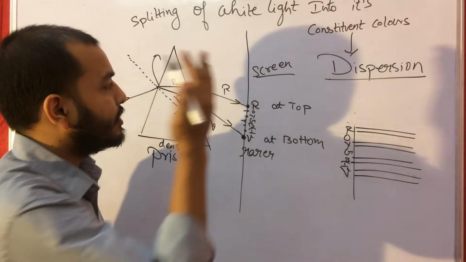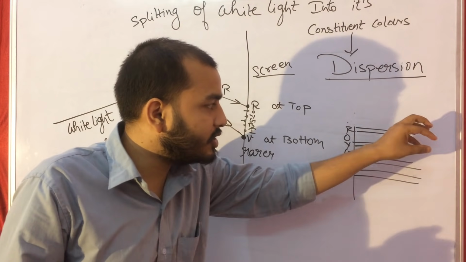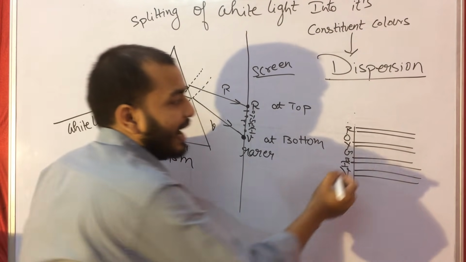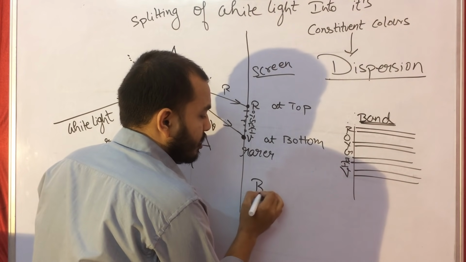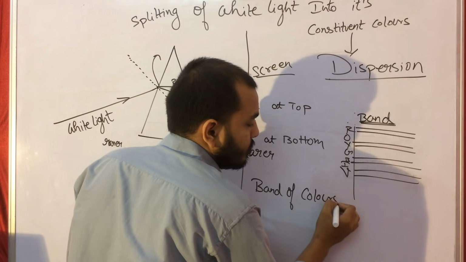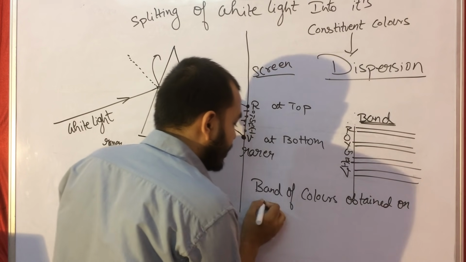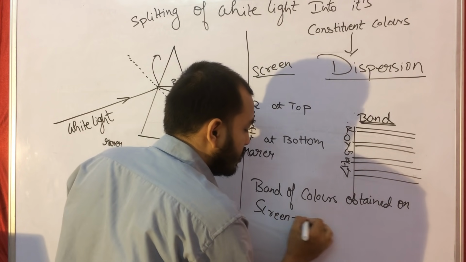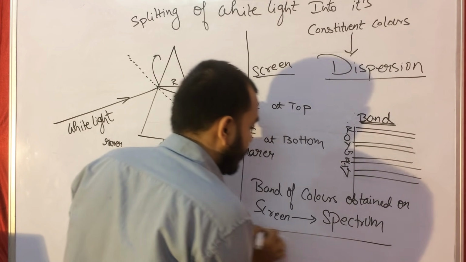It's a two-dimensional figure. The prism is 3D, so it will be lines. There will be lines of colors. This is something like a band. This band, the band of colors obtained on screen is called spectrum.